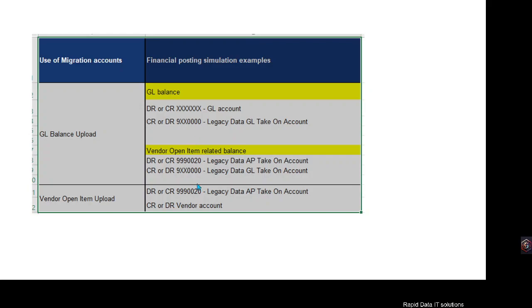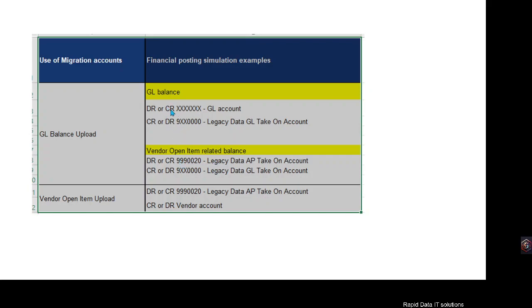So the balance will go into this AP take-on account for the reconciliation balance sheet account, and the offset line is again the same thing. These are the offset lines. These are the accounts which are not covered here, because they can't be uploaded as the account balance directly. They have to go through some take-on account.